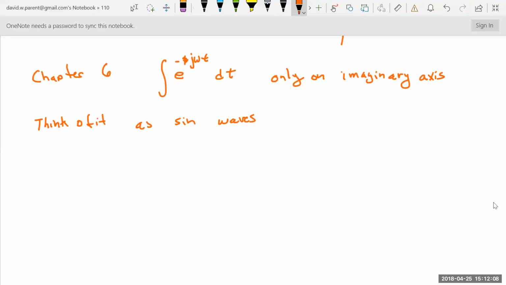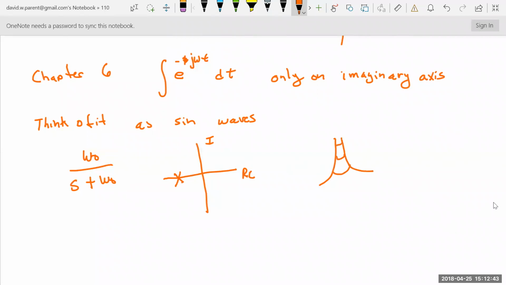And so if I have omega naught over s plus omega naught, and I plot the magnitude of that, well, there's a pole here. I'm kind of terrible at drawing this, but the transfer function plotted right at omega naught is going to look like this.